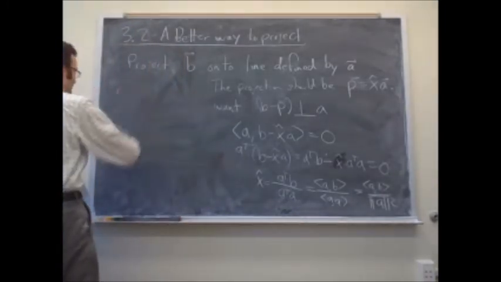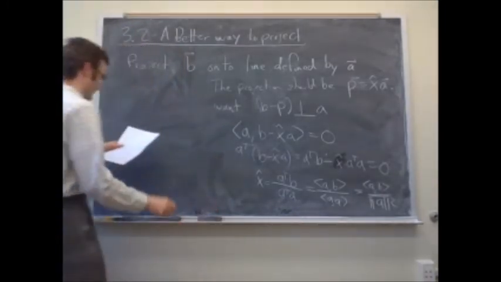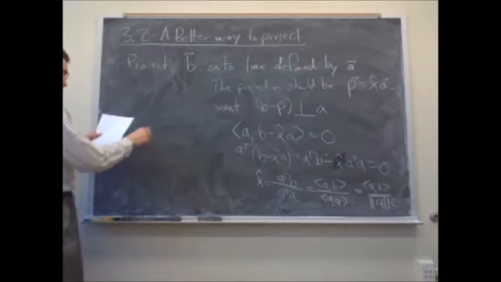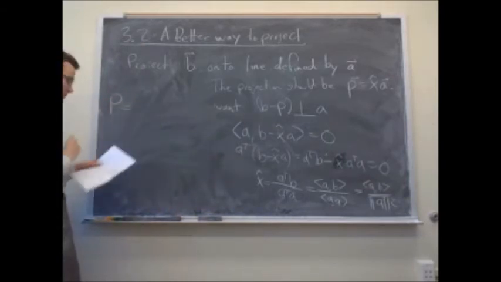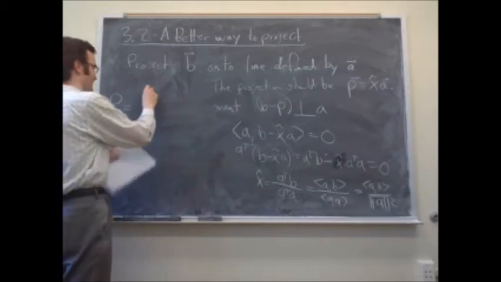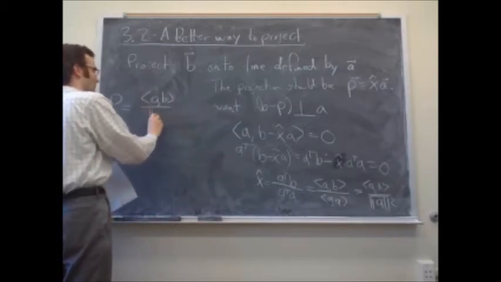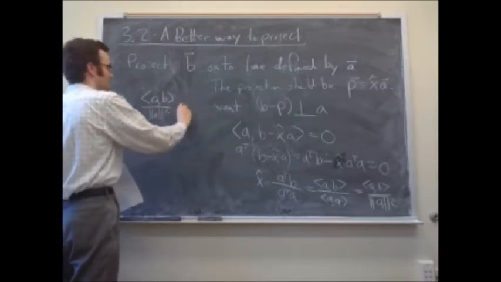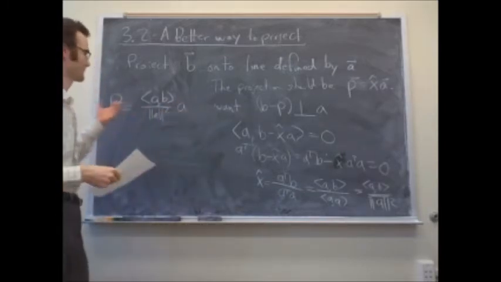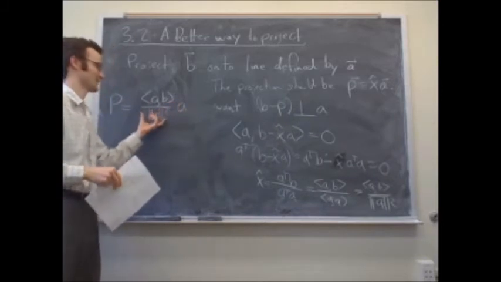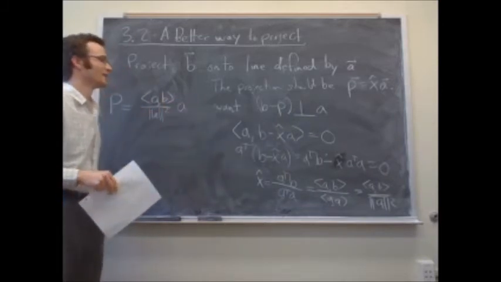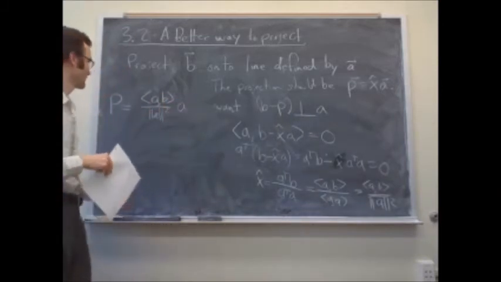And to just finish this up, this means that the projection is the inner product of A and B over the norm of A squared times the vector A, right? Because a projection should be a vector, so this was a number, we need a vector. So there we go.